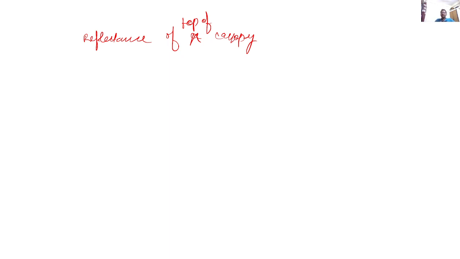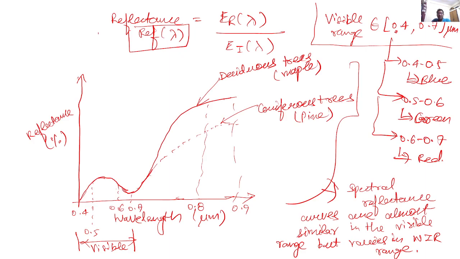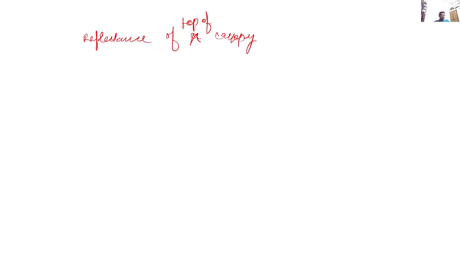The reflectance in the visible range for both the pixels may be very similar actually, because you don't see a lot of difference in the reflectance patterns in the visible range. They will all look green, predominantly green. But when we have a band which falls in the near infrared region, we will see that the reflectance for the deciduous tree is much more than that of a coniferous tree like pine. So that is how we can segregate or distinguish the two different types of vegetation feature.